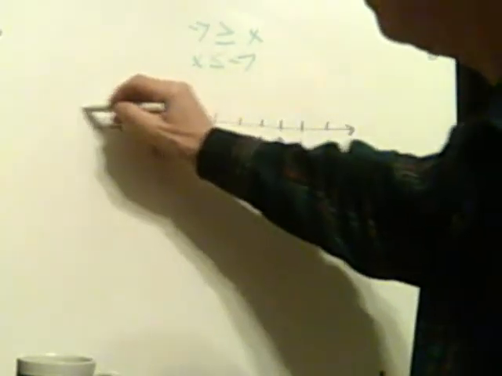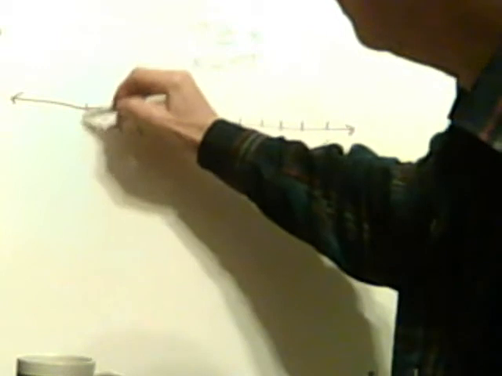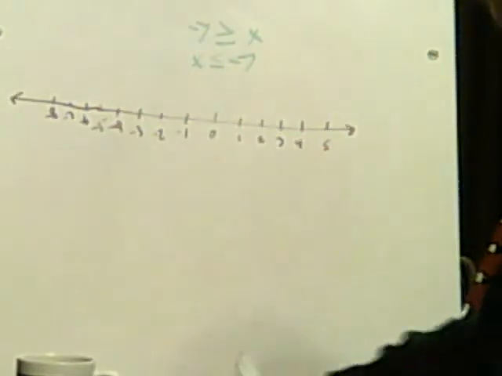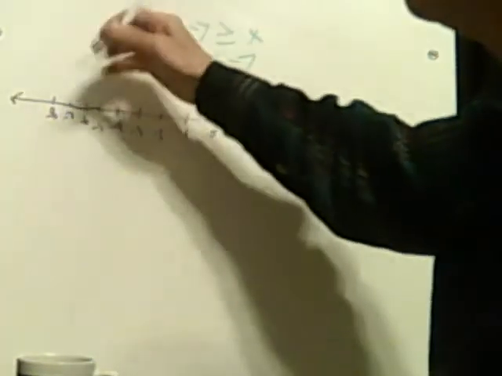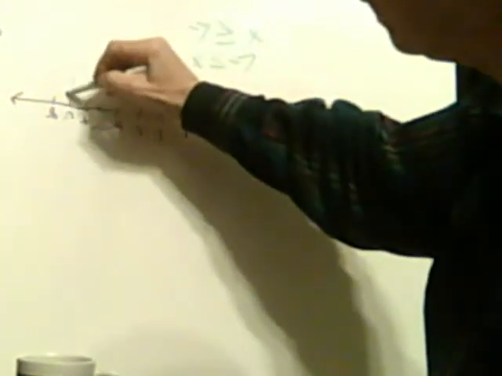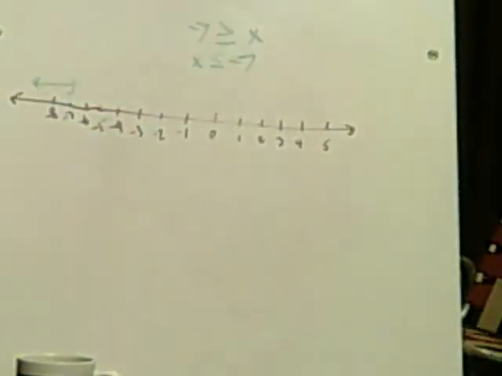I didn't get it all the way to -7, -6, -7, -8. My number line has to be big enough. It's going to be less than or equal to -7. So, because it can include -7, I use a different notation. I use that bracket.